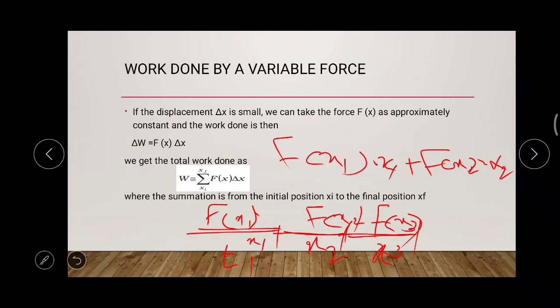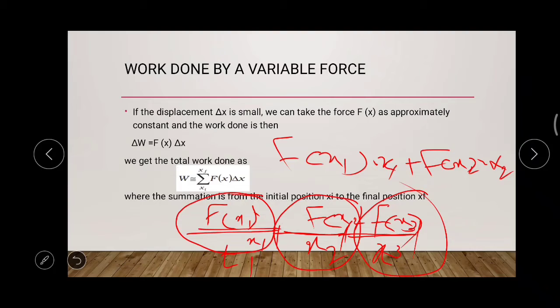If there were more numbers, with more various forces for the displacements, then you have to add up the product of all the forces and displacements. Means individually you have to consider the work done for particular displacements, and take the sum of those.